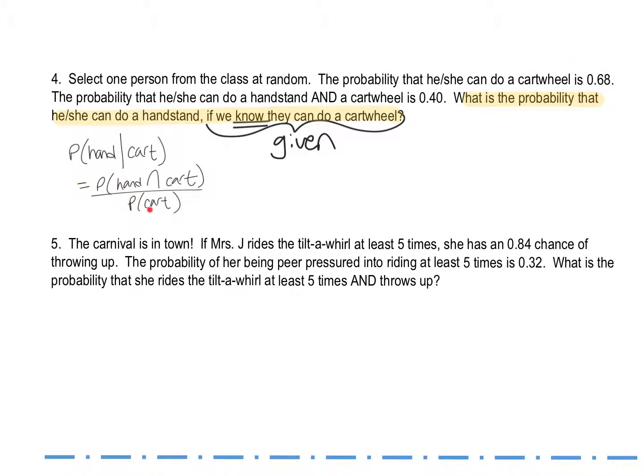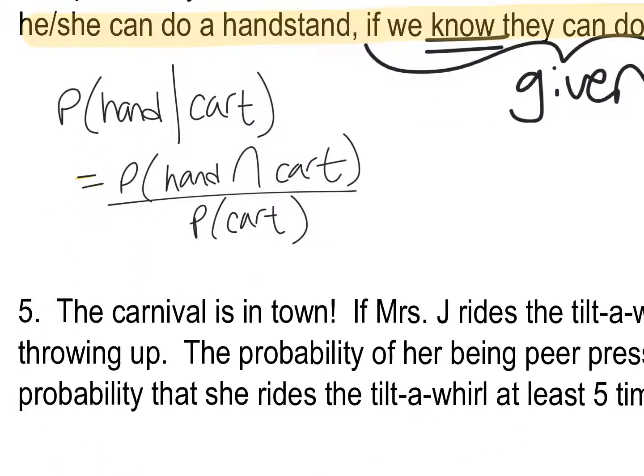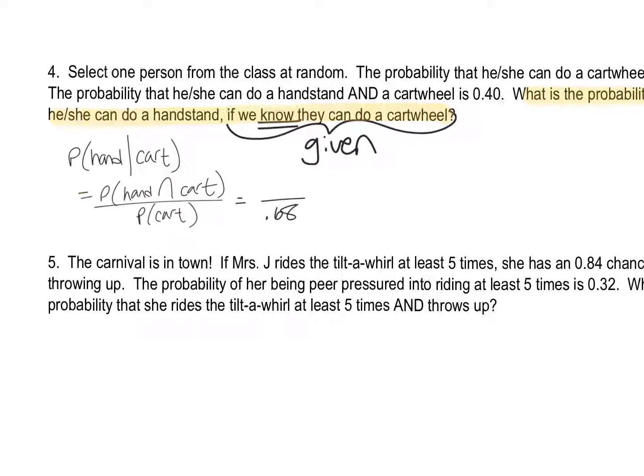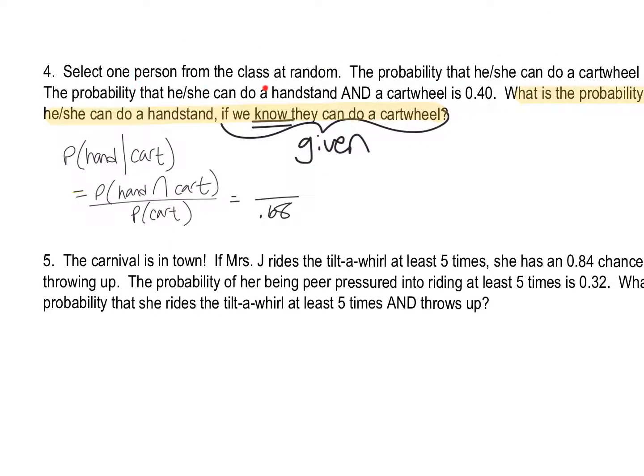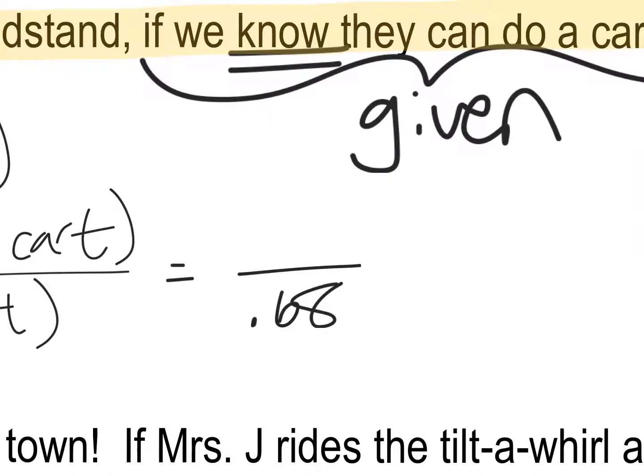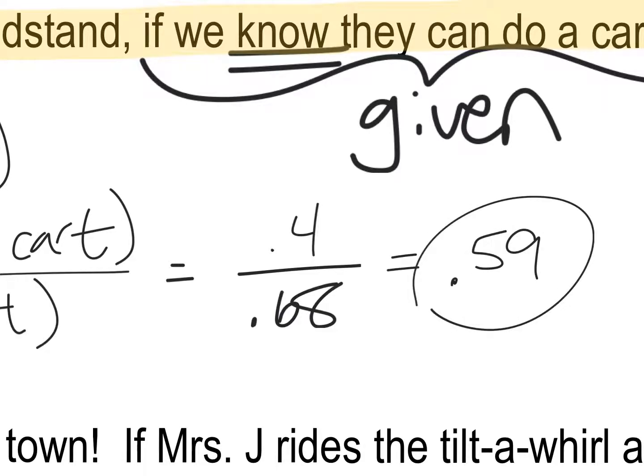That's what goes in the denominator, 0.68. And then in the wording of the question, I also have the probability that they can do both. The handstand and cartwheel is 0.4. That's what goes up here. Probability of handstand and cartwheel is 0.4. And just by using the formula, that gets you the answer of 0.59.